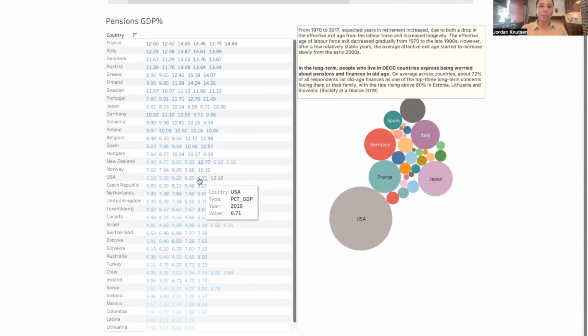Interestingly, in the year 2020, the US jumped from 6.7% to 12.1%, which is a considerable leap. I think this leap could be explained by the fact that in the first 18 months of the pandemic, roughly 2.4 million additional Americans retired.